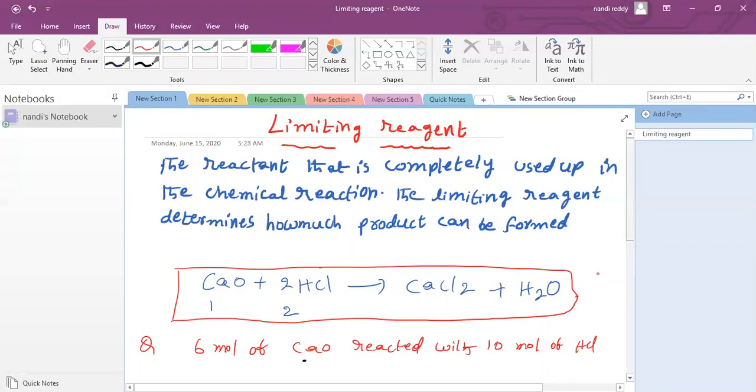How much CaCl2 will form? You may calculate in terms of weight or in terms of moles. But I'm asking for the number of moles, so that is an easy way. Clear?